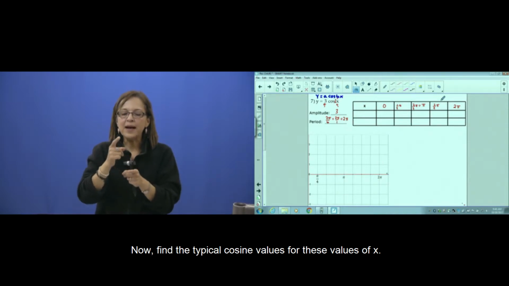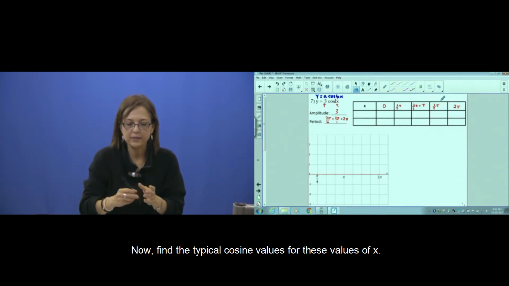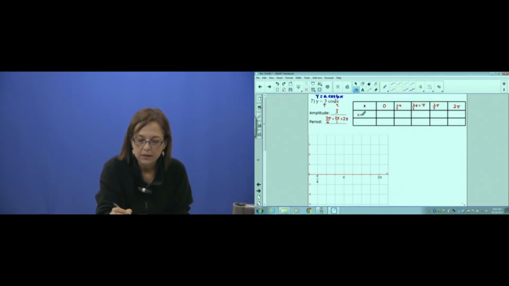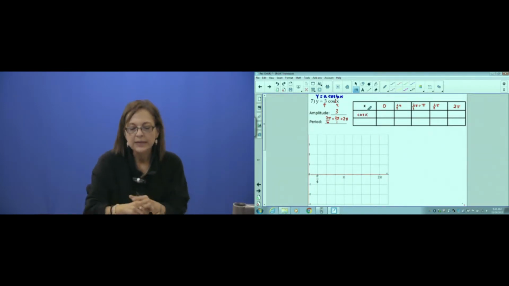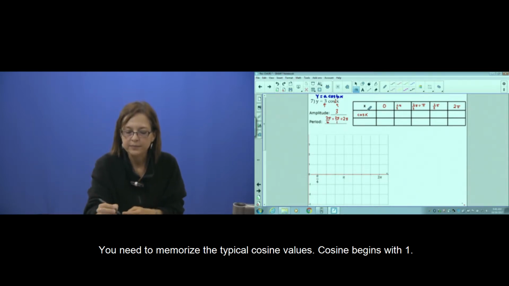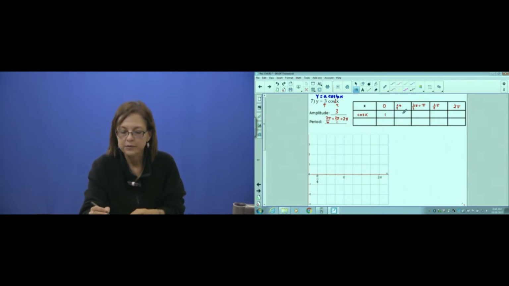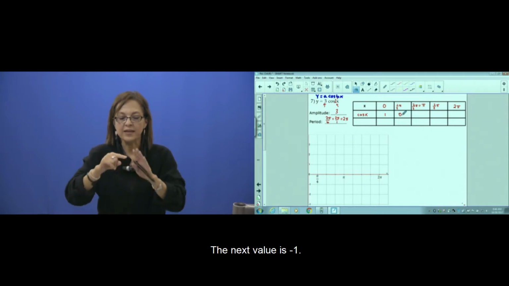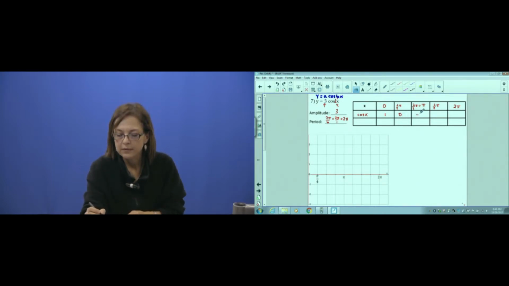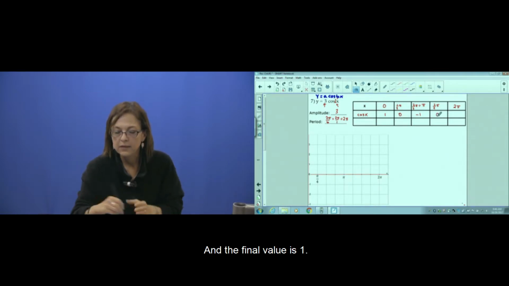Now find the typical cosine values for these values of x. The typical values you have to memorize. Cosine starts with 1. The next value is 0. The next is -1. The next is 0 again. And the last is 1.